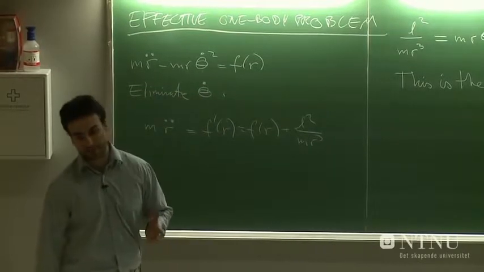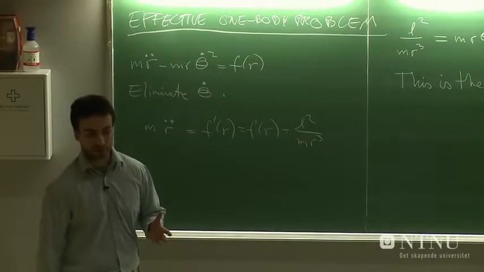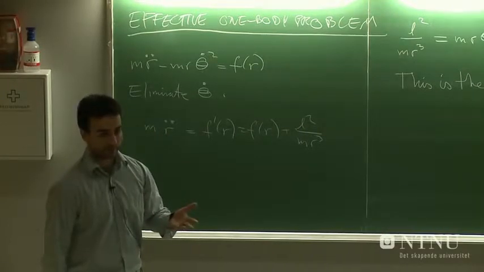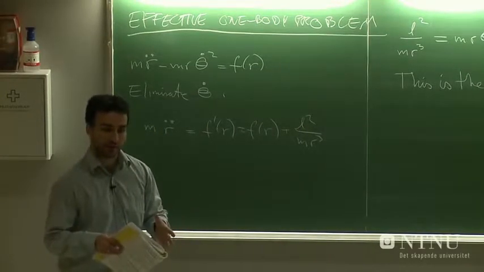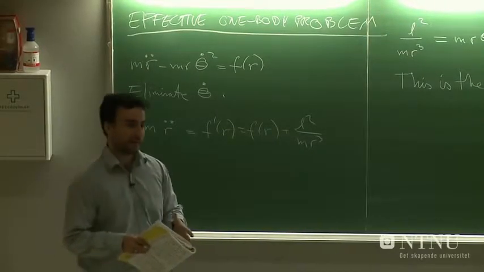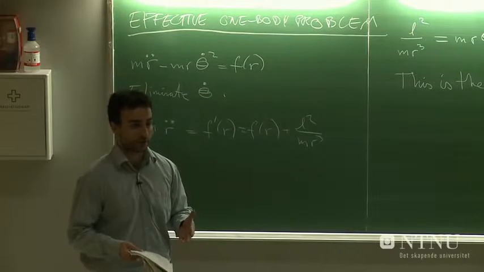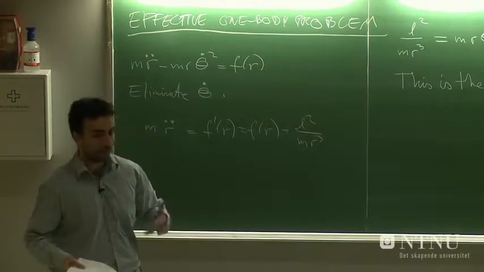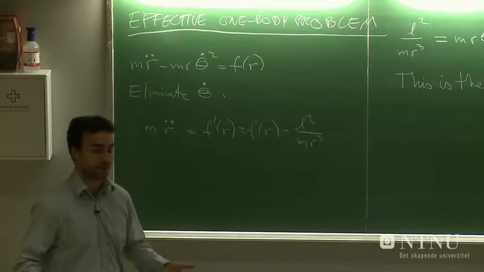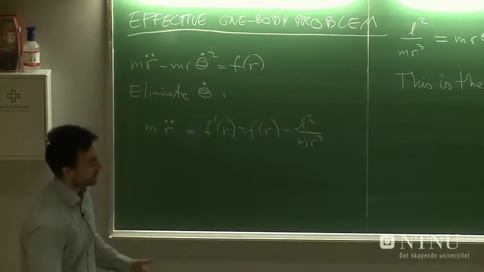For instance, if you have a car driving around some roundabout, then a person inside the car will feel as if he's pulled towards the outer edge of the car. This is a centrifugal force, but there's no actual force being applied to him. It's just something that he experiences. So in this sense, you can think of it as a fictional force.